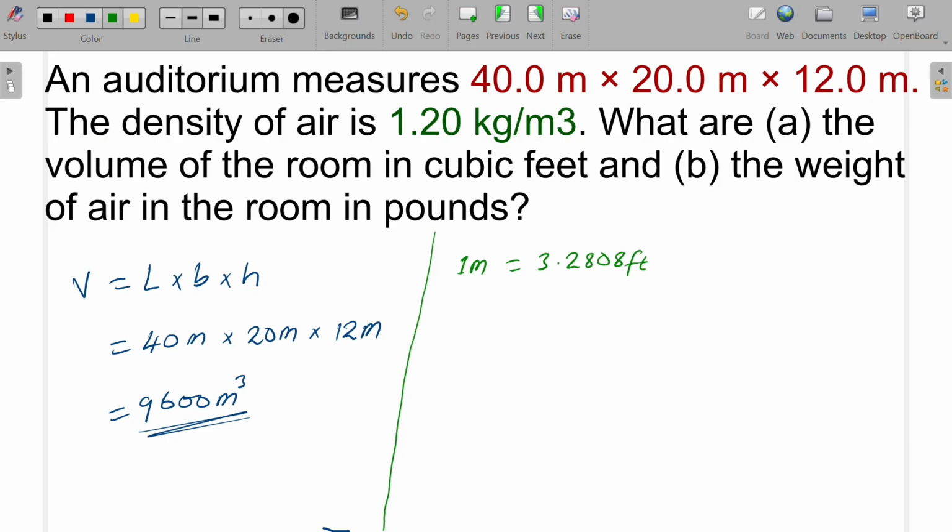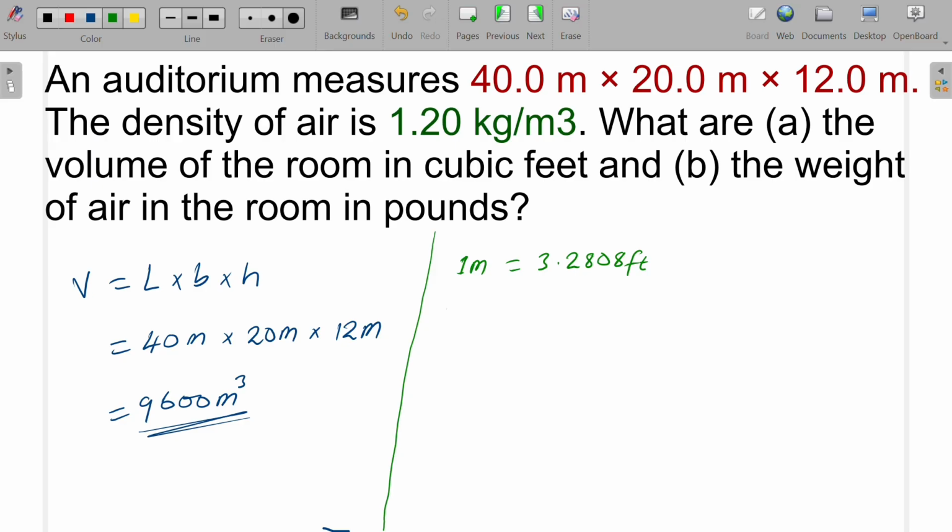So this is the conversion we need. 1 meter is equal to 3.2808 feet. Now let's use this conversion factor to convert from cubic meters to cubic feet.